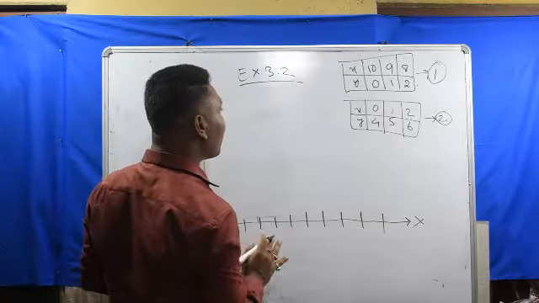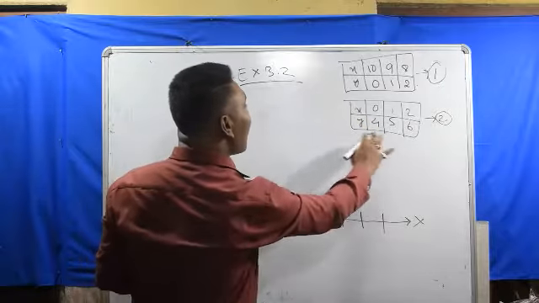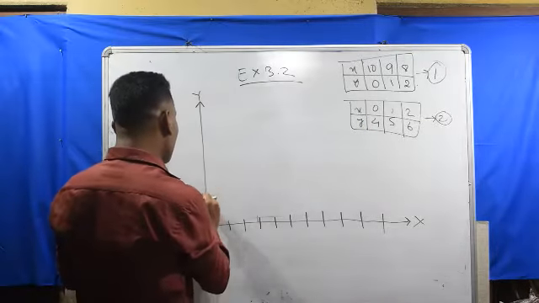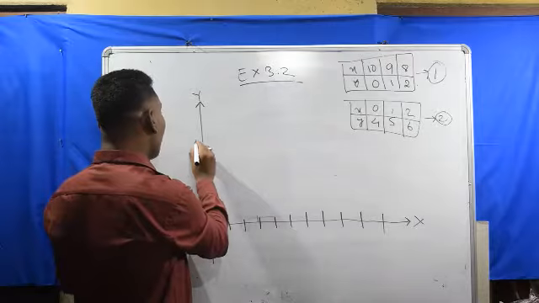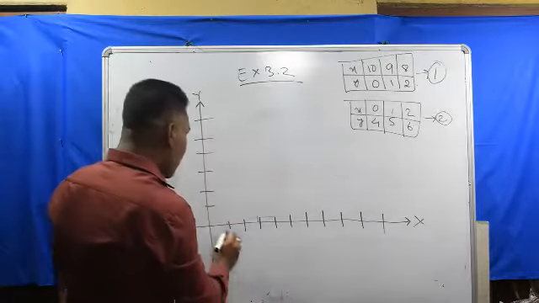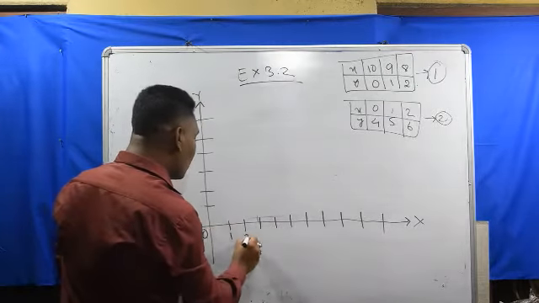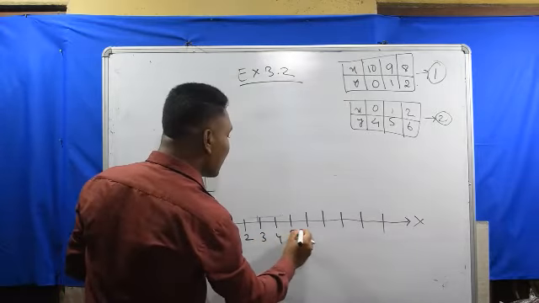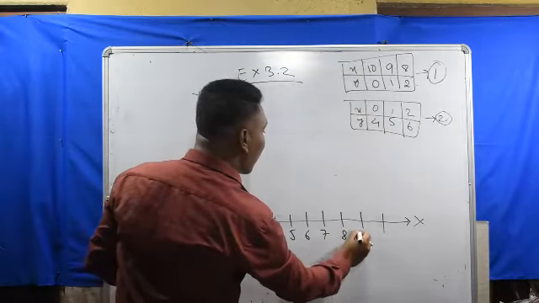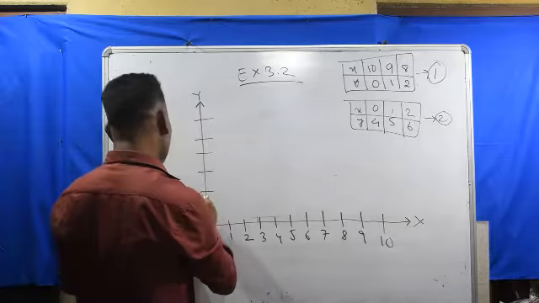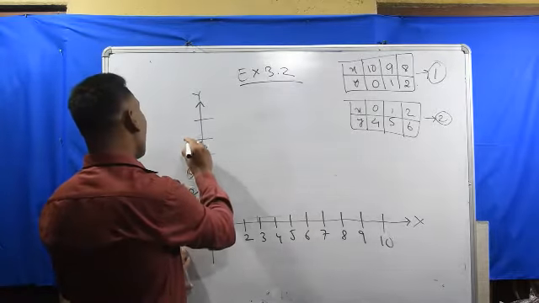And on the y-axis the highest number is 6: 1, 2, 3, 4, 5, 6. Name the origin 0.